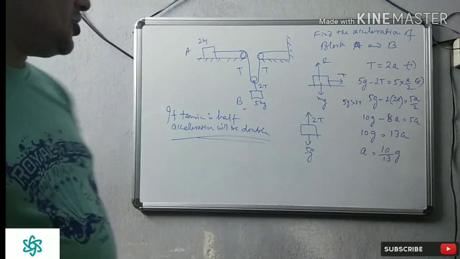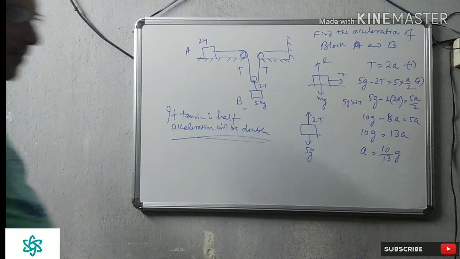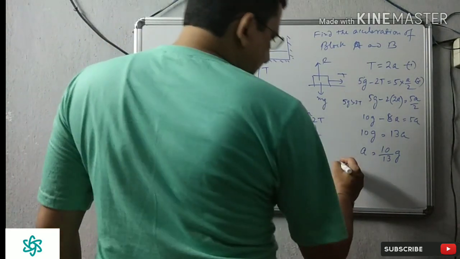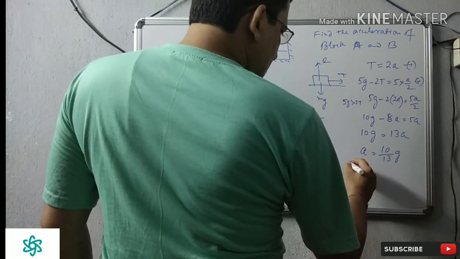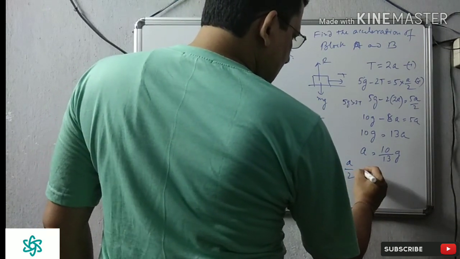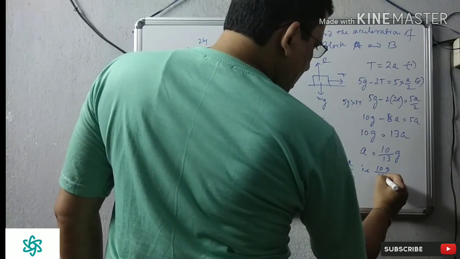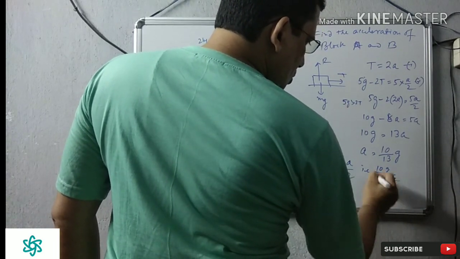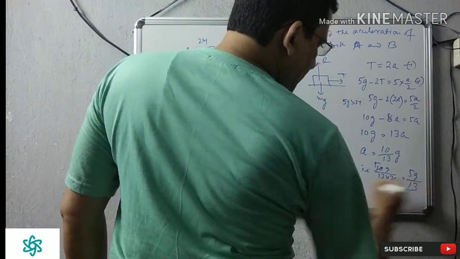This is the acceleration of the 2 kg block. And the acceleration of the 5 kg block will be a by 2, that is 10g by 13 into 2. So 2 fives are 10, so 5g by 13.